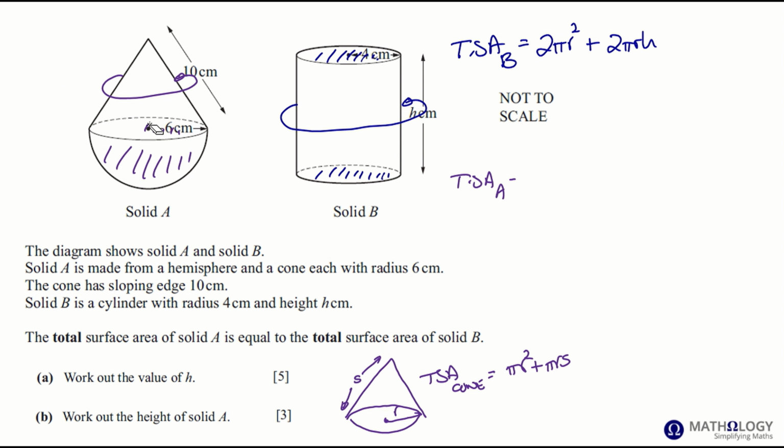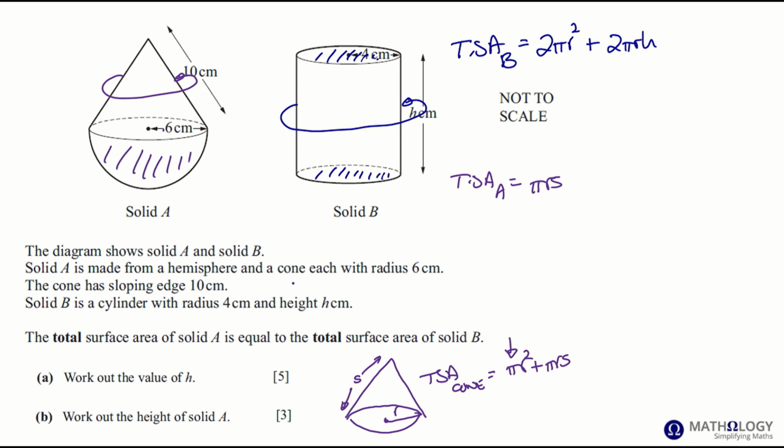The total surface area refers to the total exterior area of that solid. So in the context of the problem, the cone will not include that circular face. In other words, we will not be including this pi r squared. So the total surface area of solid A will only include the pi r s part of the cone, in other words, just that curved section there.